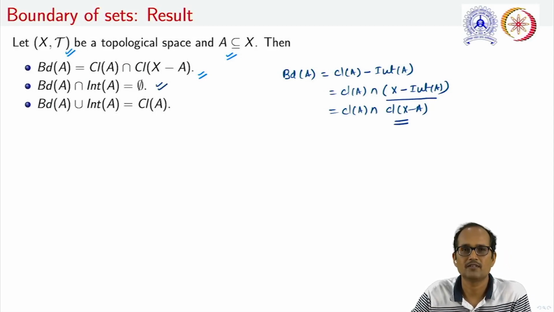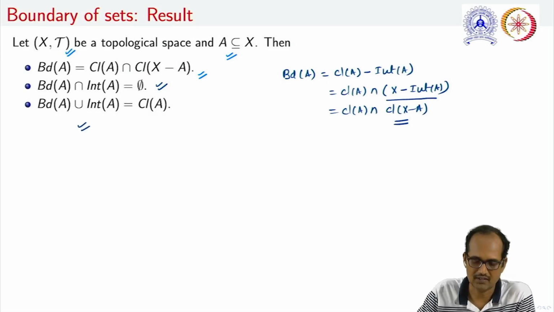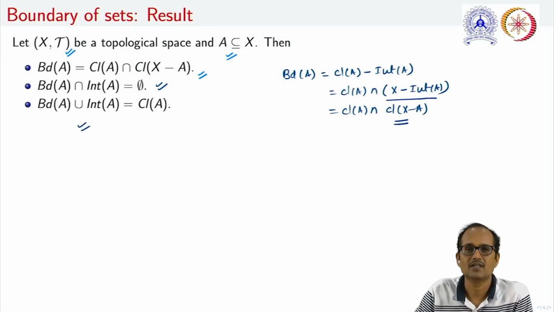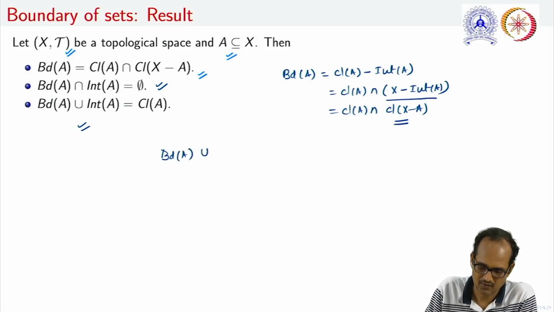The second result, which says that the boundary of A and the interior of A are disjoint sets, follows from the definition itself, because by definition the boundary of A is nothing but the closure of A minus the interior of A. Finally, coming to this one, this says that the closure of A is nothing but the union of the interior as well as the boundary. This is simple to justify because if we look at the definition of the boundary of A, then what will happen?